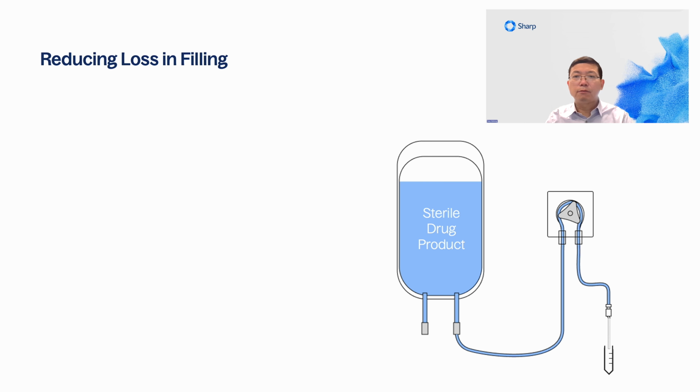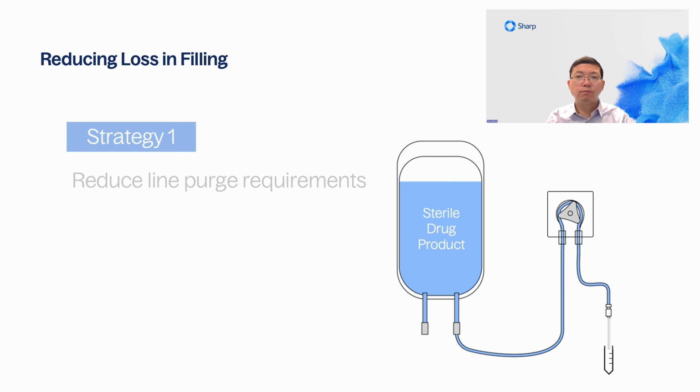Next, let's talk about the filling. There are a few simple measures right off the bat. Reduce line purge volumes. The purpose of the line purge is to fill the fill line with product and to ensure that it is free from any air bubbles that could lead to inconsistent and out-of-spec weight checks.